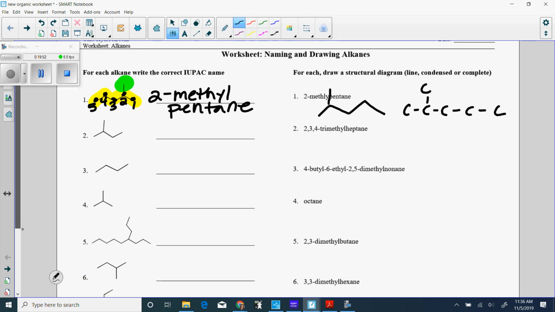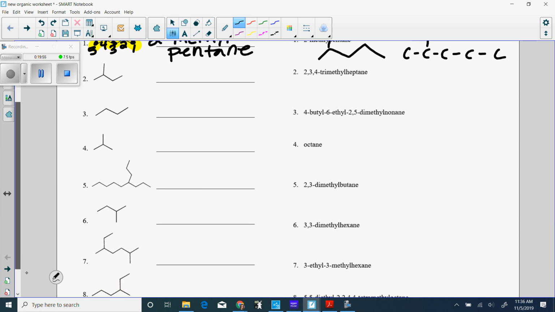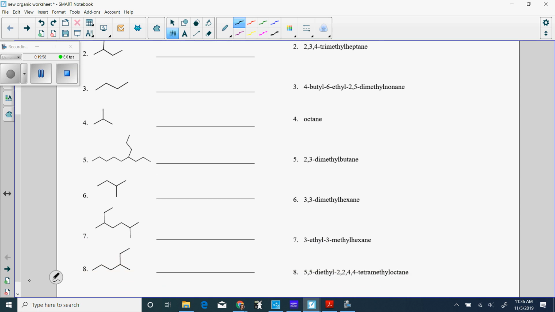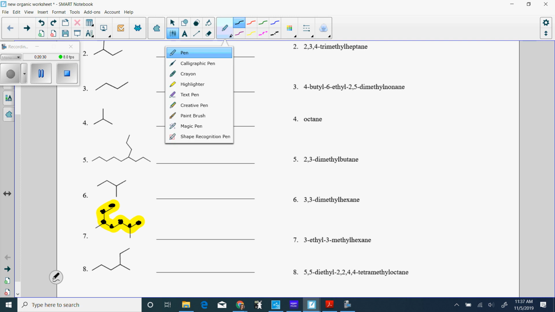Okay, but now I want to do number 6. Looking for the longest continuous chain. I have some options. 1, 2, 3, 4, 5, 6. I wonder if I can get bigger than 6. 1, 2, 3, 4, 5, 6, 7. So now looking for substituents.